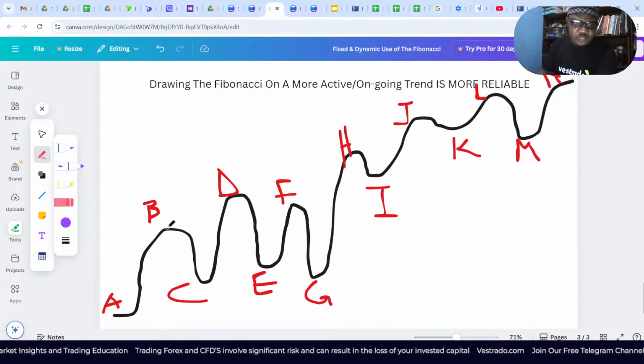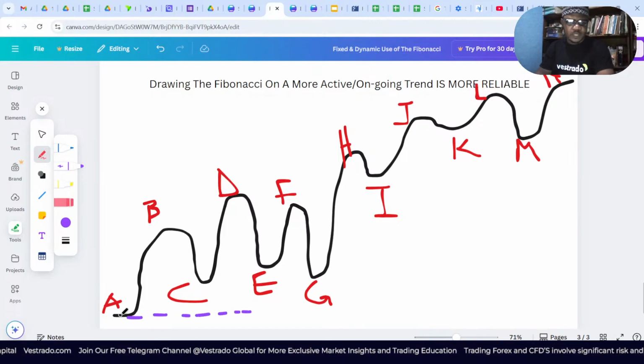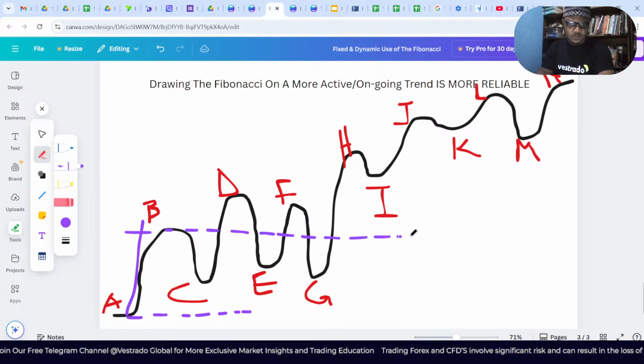So if you draw from A to B, first off, I start with the lowest wave. If you're in an uptrend, in a downtrend, the highest wave, and start looking for places where price has reversed up to 50%. So look, if I draw from A to B, let's project that out.